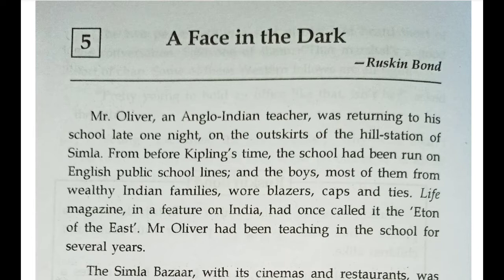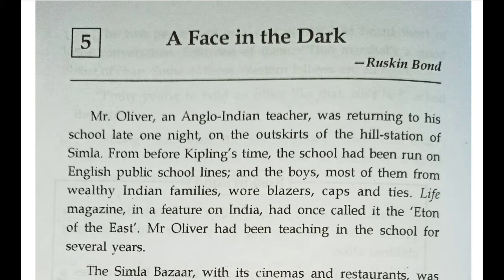So Rudyard Kipling, being a very popular English writer, Ruskin Bond gives his reference here, and he wants to mean that this school in particular was functional in this particular place in Simla, on the outskirts of Simla, from before Kipling's time. That means way before Kipling was born.